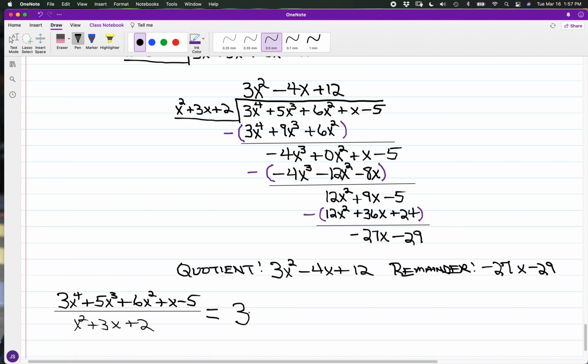You got your quotient, which we will have at 3x squared minus 4x plus 12. And then for the remainder to the divisor ratio, you have the remainder negative 27x minus 29 over the divisor, again, which is x squared plus 3x plus 2.